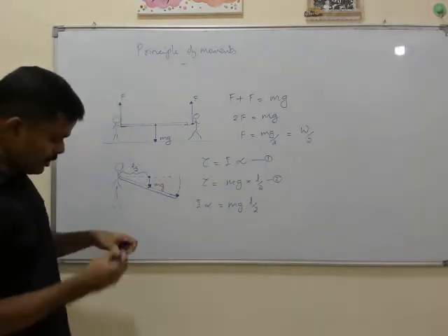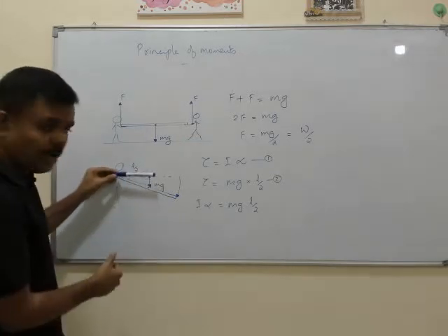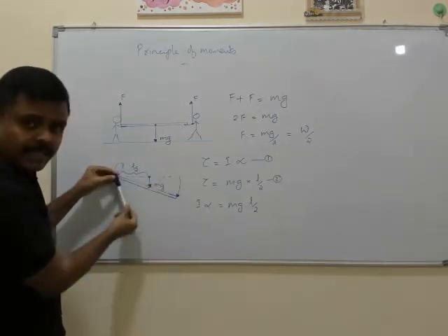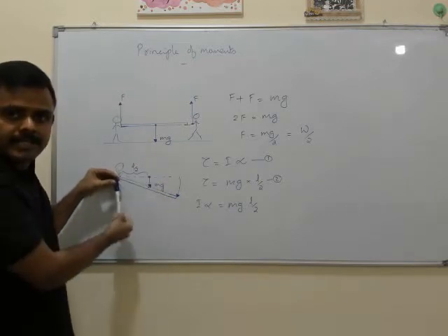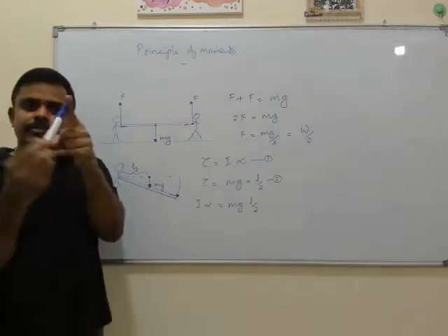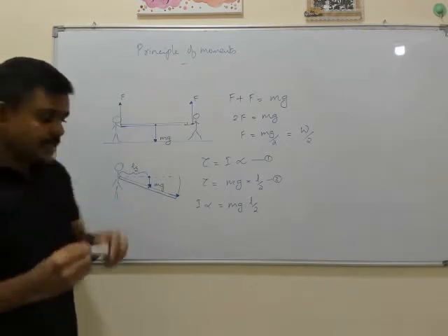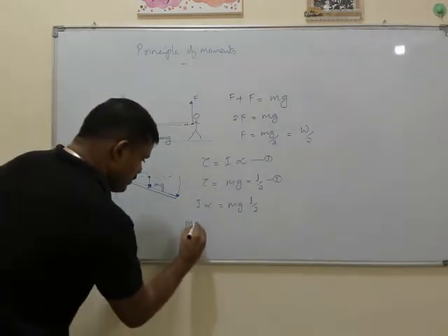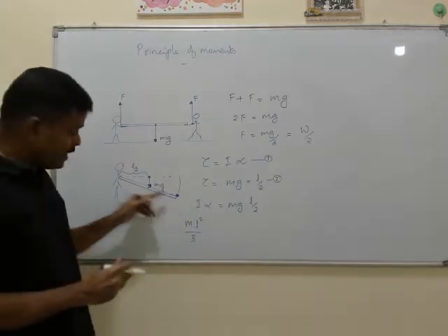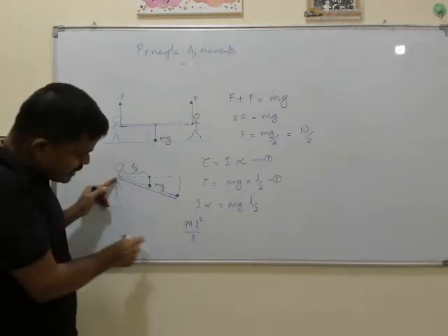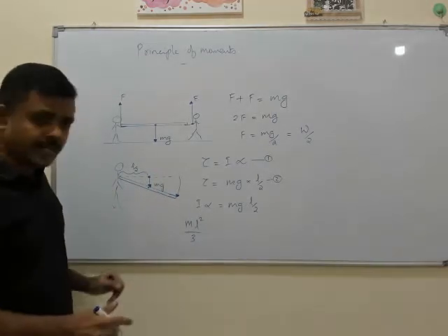But the I value, what is this? This is a thin rod rotating about its end axis. For a thin rod, if it rotates about its end axis, the moment of inertia is mL square by 3. Hope you remember. Moment of inertia of a thin rod as it rotates about one end is mL square by 3.